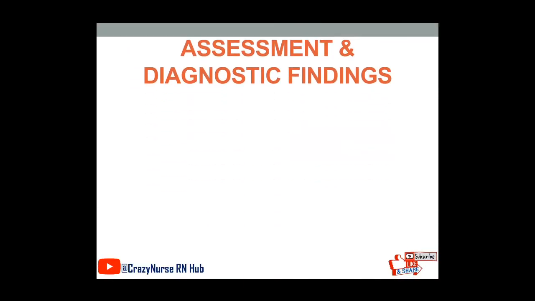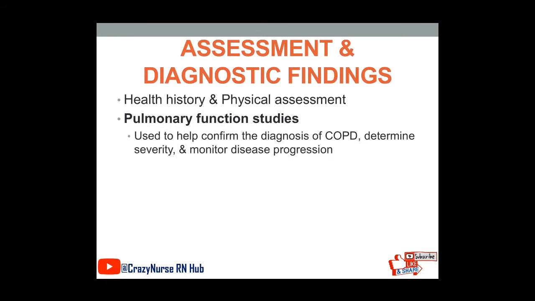For the assessment and diagnostic findings, health history and physical assessment are very important guides to know if the patient is experiencing COPD. Also, we have the pulmonary function studies.